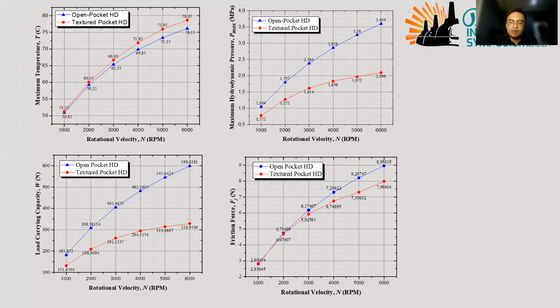But the textured pocket shows lower generated friction force compared to the open pocket, even more notable at a higher operational speed, although the exception occurs at 1000 RPM, where the textured pocket is very slightly higher than the open pocket.